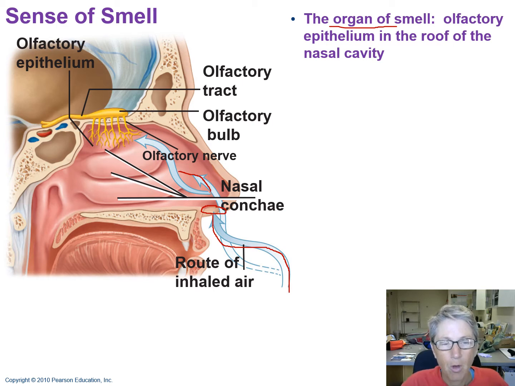But the odorant molecules travel up, follow these arrows, and then they bind to the receptors here on the dendrites of these olfactory neurons in your olfactory epithelium.